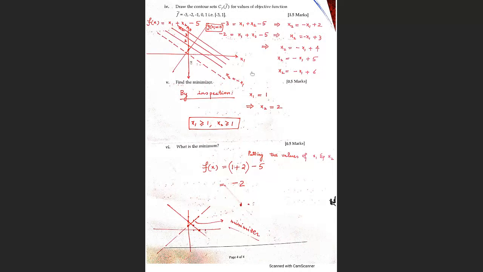If you are not able to find the minimizer, only 1 mark will be deducted, but most of the marks are based on how you approach the problem, because we are trying to guide you. We are saying, let's first find the standard form, then draw the feasible set, then draw the contours.